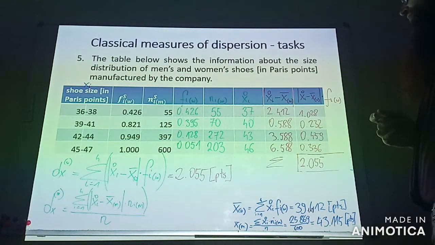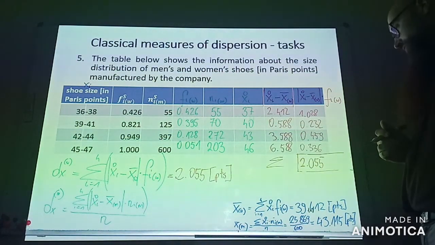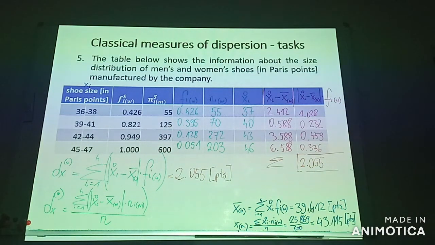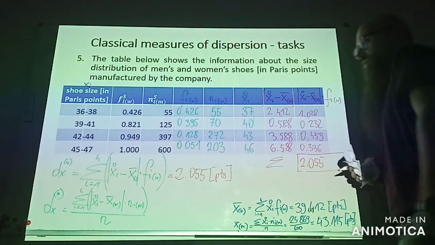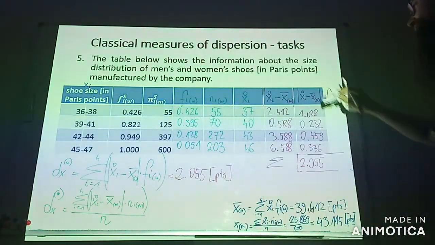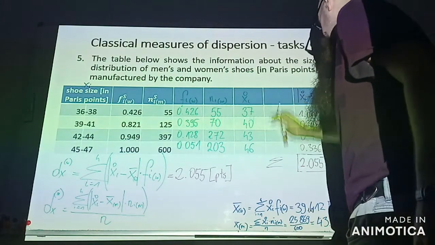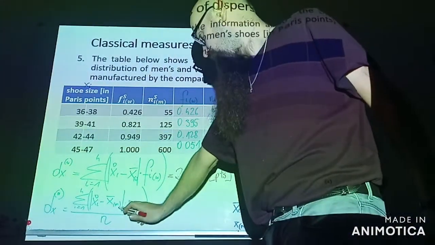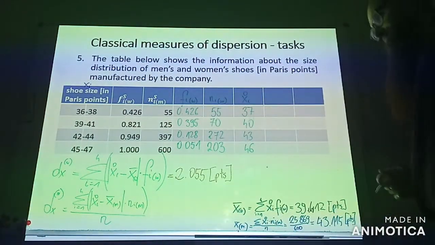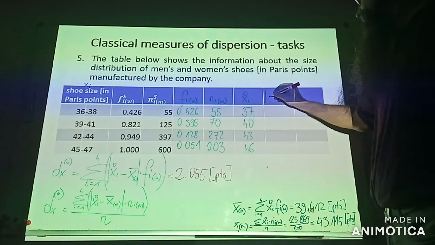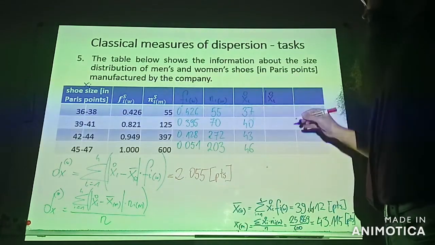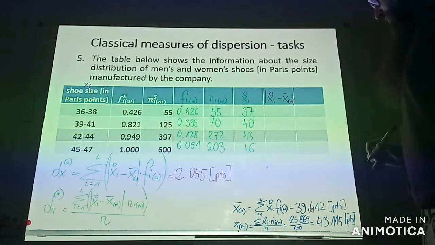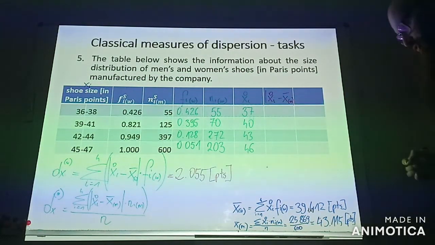Alright, so now I will try to compute mean absolute deviation of men's shoe size. Here I need the module of the difference between the middle of the classes and average men's shoe size.